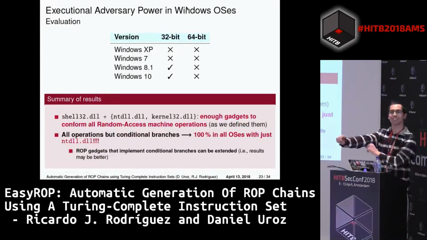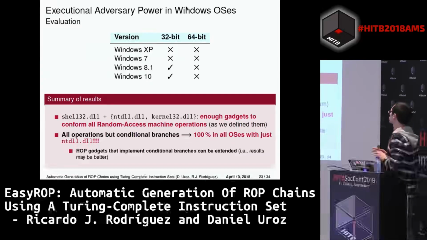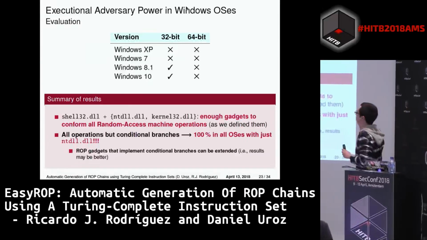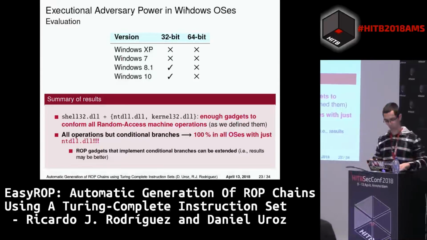So we could even extend the definition of how the conditional branches can be done with ROP gadgets. If we are able to extend this definition, we could have better results. We could find, for instance, that just with a single DLL we can do whatever we want.